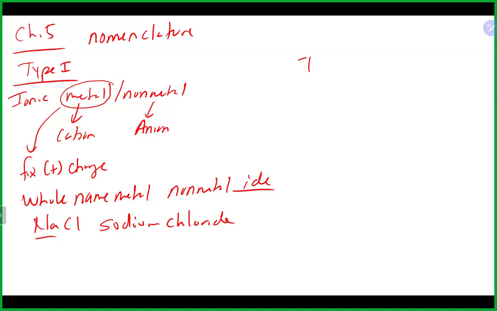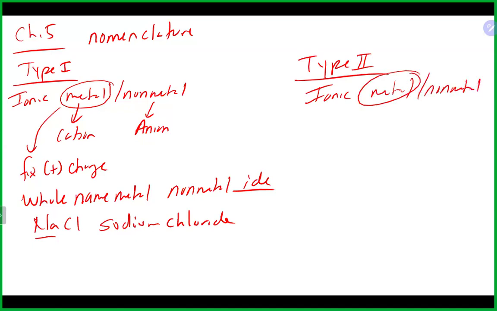We also talked about type 2 naming, also ionic, also metal and non-metal. Once again, metal most important. That is going to be a transition metal. And basically what they have is a variable positive charge.